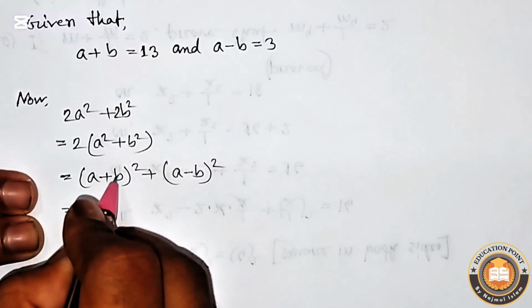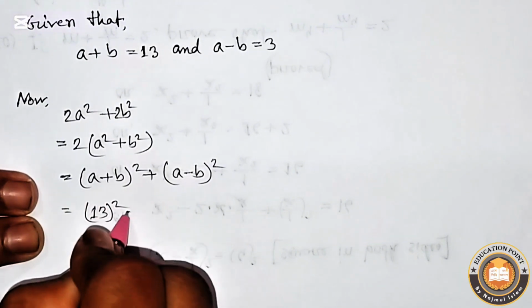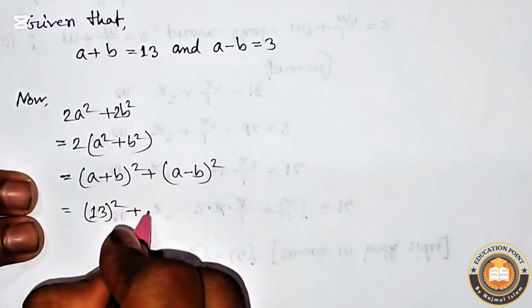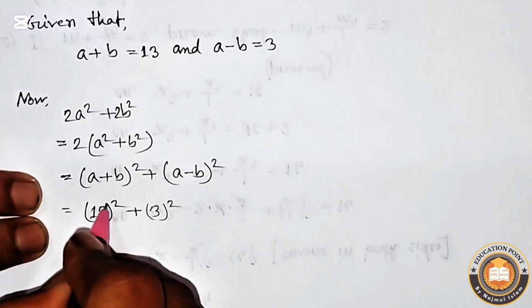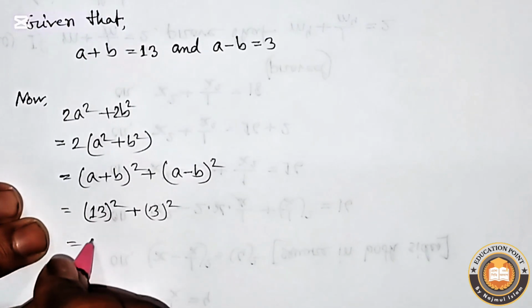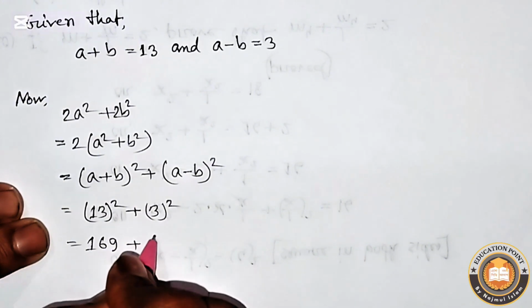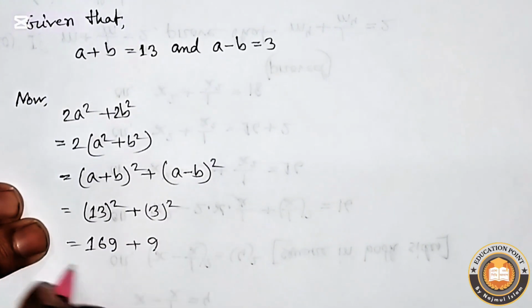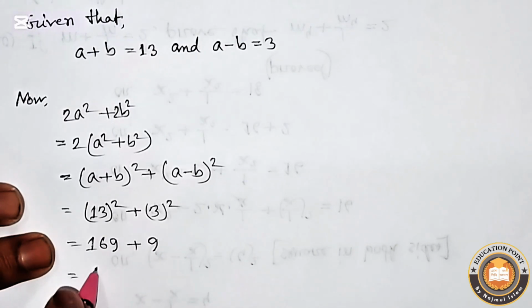Value of a plus b equal 13, then square, plus value of a minus b equal 3, then square. Square value of 13 equal 169 plus square value of 3 is 9. Added value of 169 plus 9 equal 178.